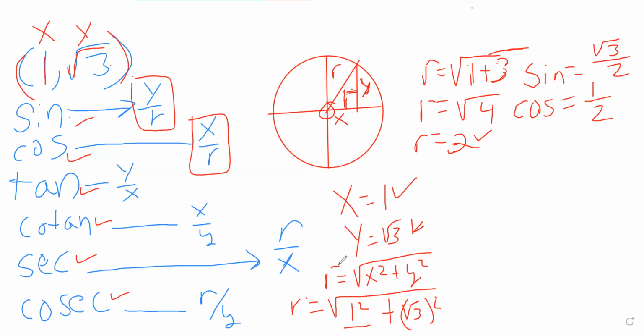Now we're going to do our tan here. Tan, we know, is y over x, right? We said y was root 3, because we know it right here, and x is 1.